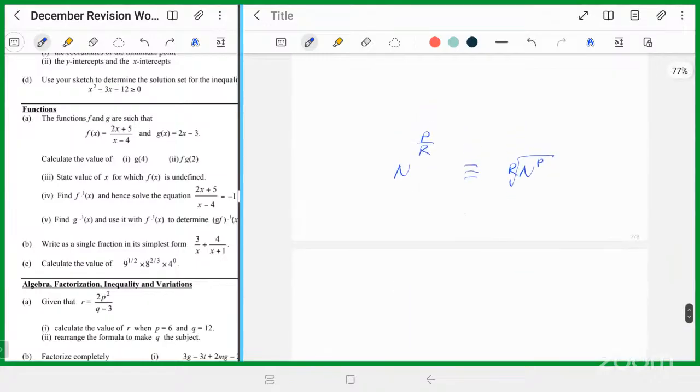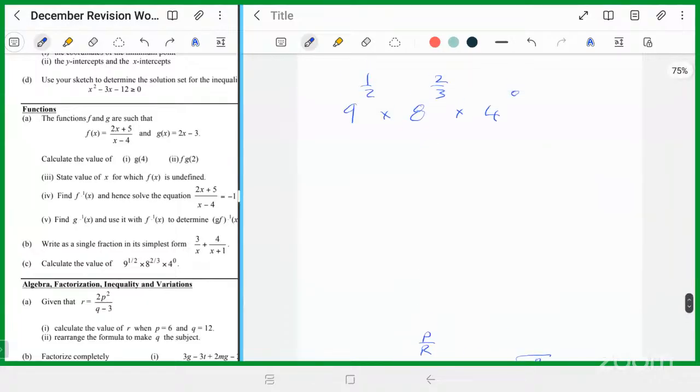This is the r root of n, and then you apply this power, which is just raise that to the power p. So you can do one of those two when your powers are fractions.